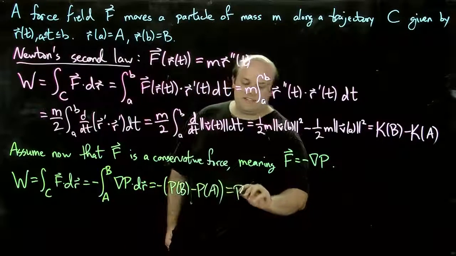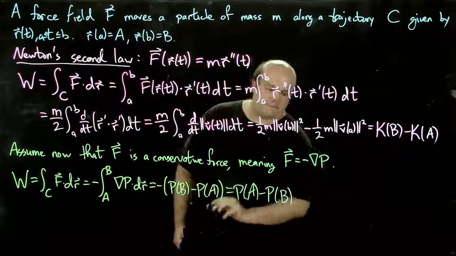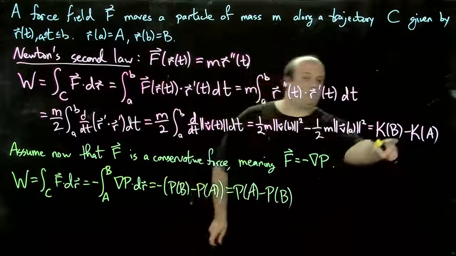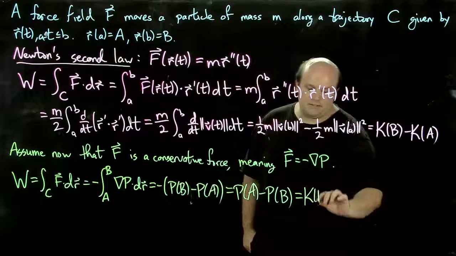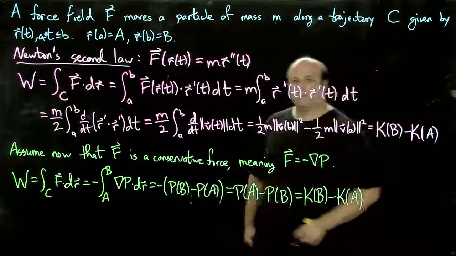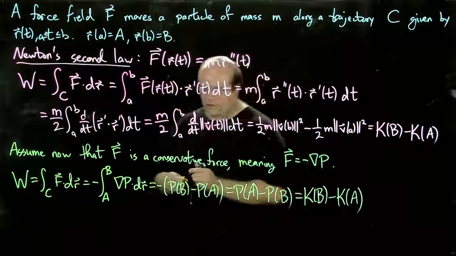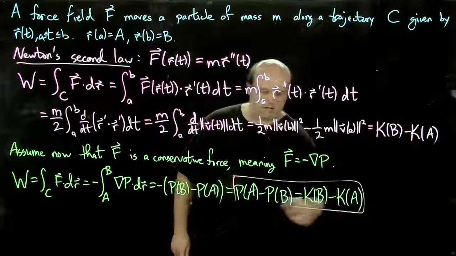All right, so that's the potential energy at A minus the potential energy at B. But we know from up here that that is equal to the kinetic energy at B minus the kinetic energy at A. So, what does this mean?